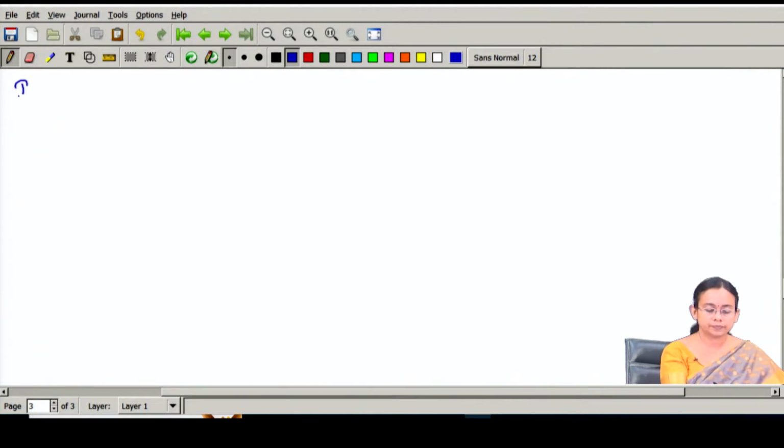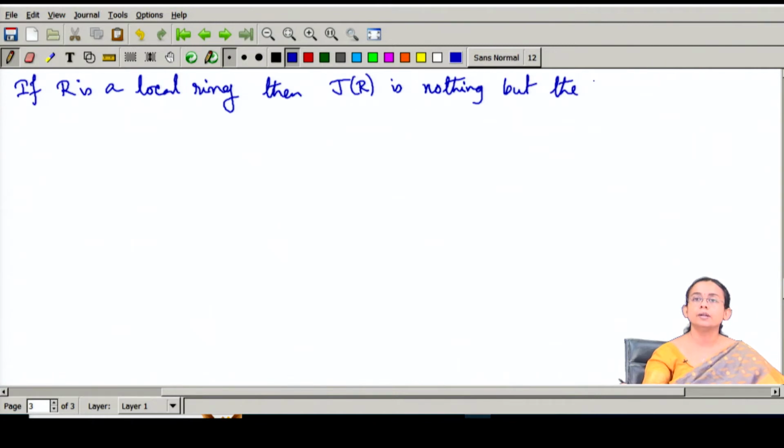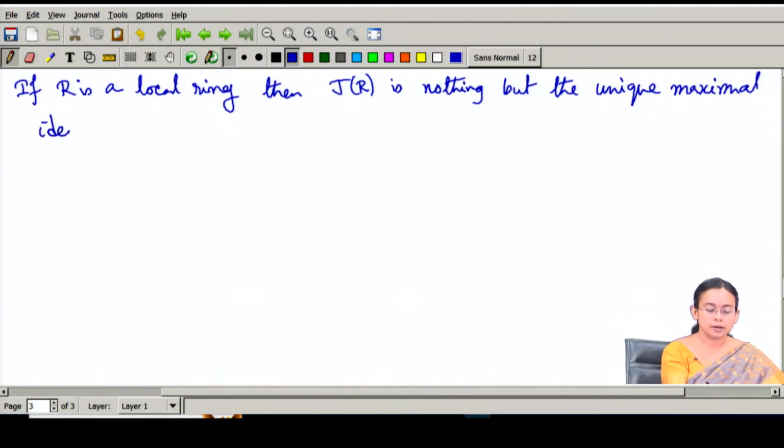If R is a local ring, then the Jacobson radical of R is nothing but the unique maximal ideal of the ring R. So in that case we have an easy description of the Jacobson radical, which is nothing but the unique maximal ideal.